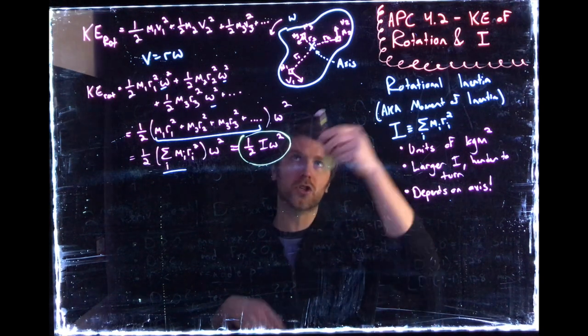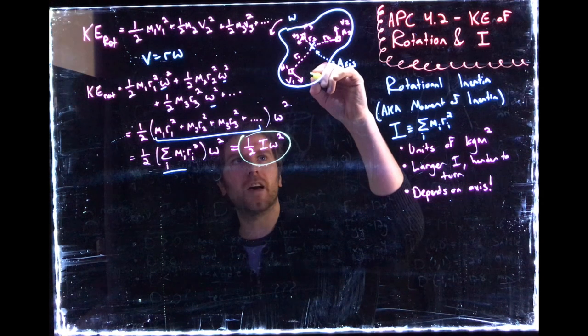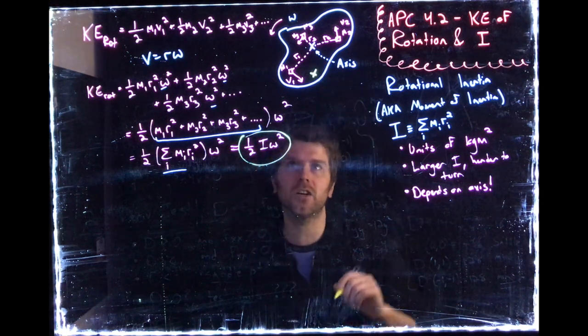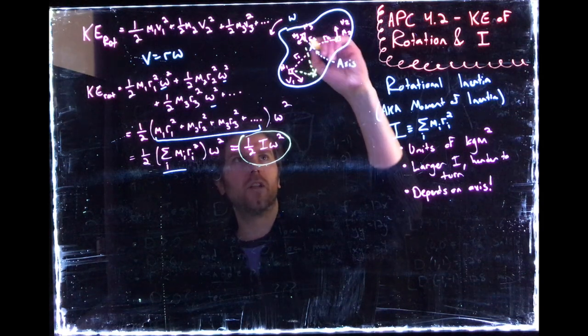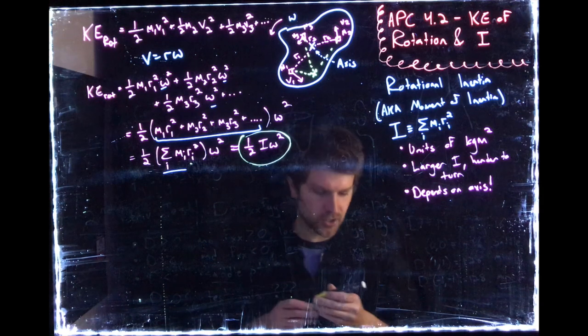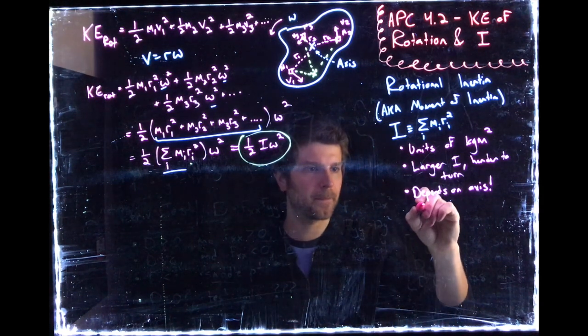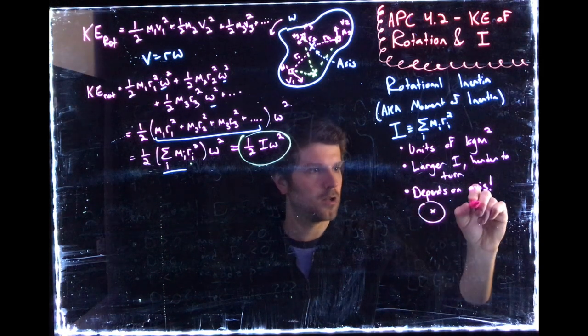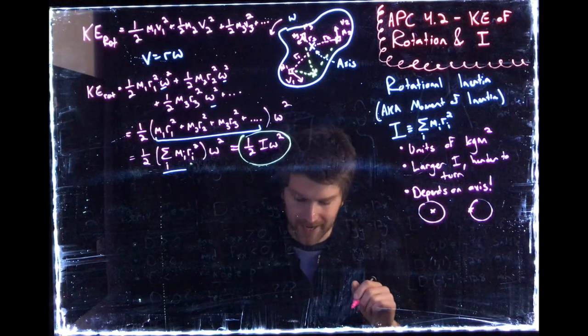One, if we look at our original object, I know I drew an axis right in the middle. If you imagine that we instead put an axis here, well, that's going to change all of the radii to all of the different parts of my object. And if the radii change, my I is going to change. So it depends on the axis. The same shape can have a different I depending on where the axis is.